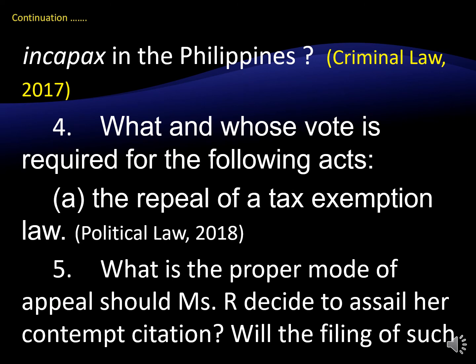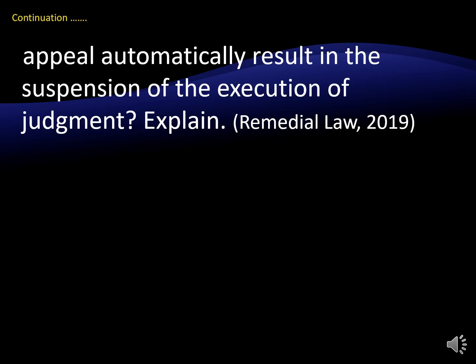Number four: what and whose vote is required for the following acts: the repeal of a tax exemption law? And number five: what is the proper mode of appeal should Ms. X decide to assail the contempt citation? Would the filing of such appeal automatically result in the suspension of the execution of judgment? That was for 2019.